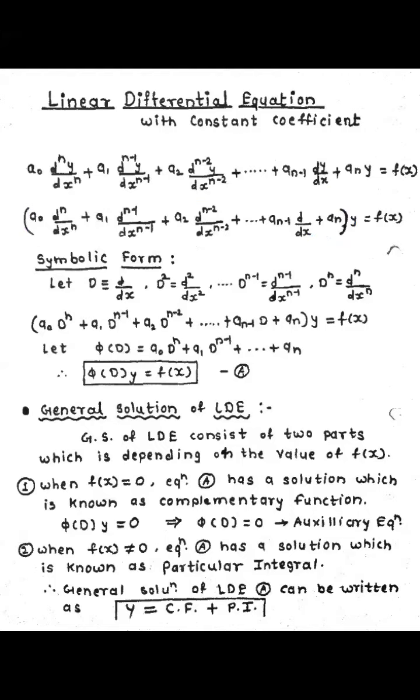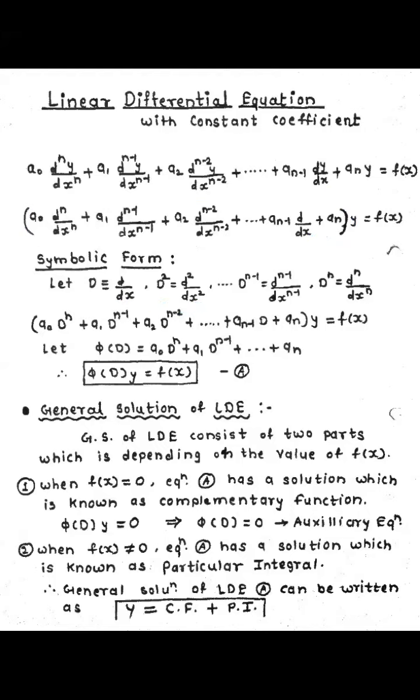Now let us see the symbolic form of this differential equation. For that we use an operator D. D stands for differential operator and its value is d by dx. So if we write D as d by dx, then D square becomes d2 upon dx square.